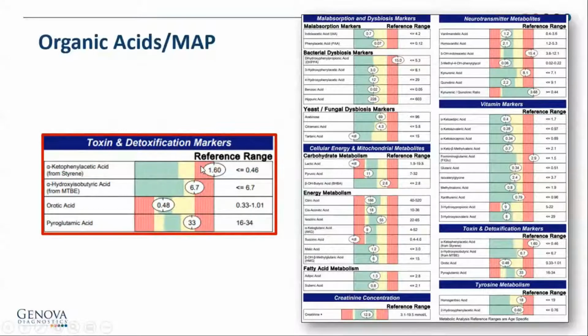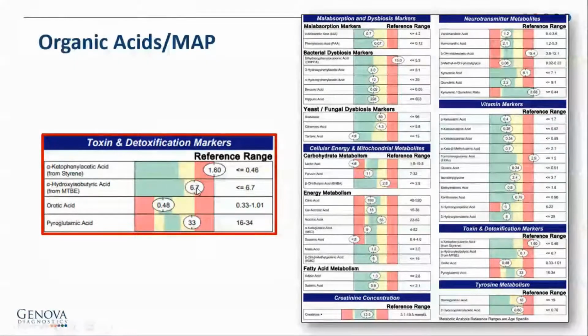You see it elevated here: styrofoam, plastics, people that use plastics in their microwave, but even exhaust fumes from automobiles, and alpha hydroxyisobutyric acid from MTBE, which is sometimes used as a gasoline additive to lower emissions, but in the US at least has gotten into the water table. And as a result, one can, through mostly water and sometimes soil, like in a plant-based diet, if there's contamination of the water and or soil, have higher levels.